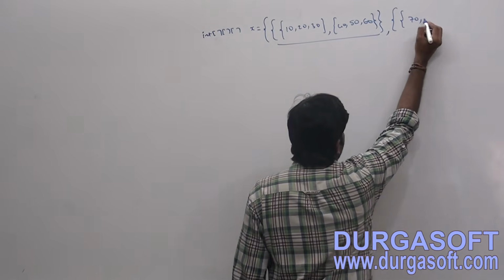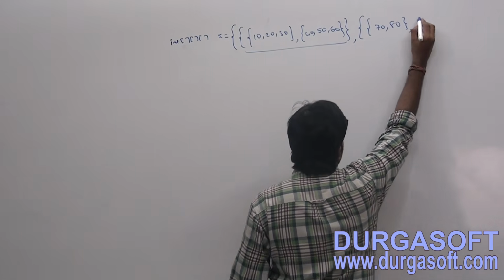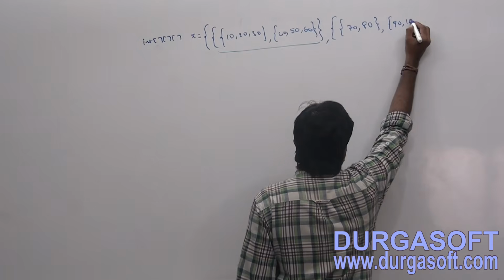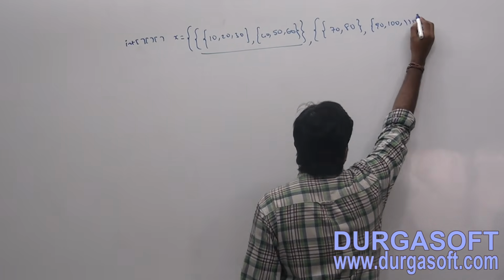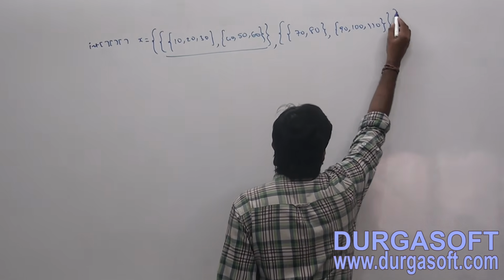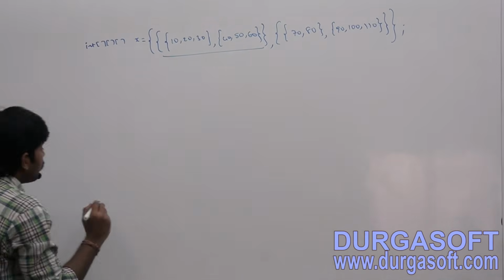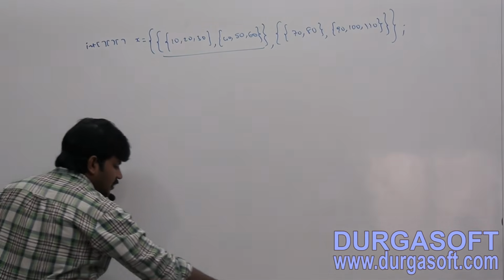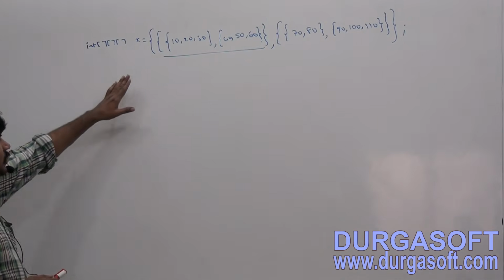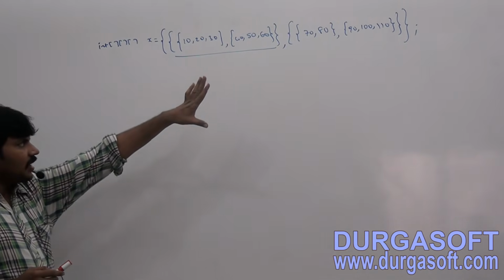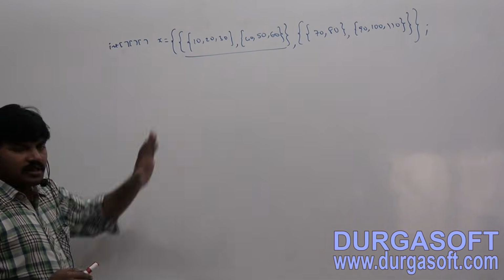Then 70, 80, 90, 100, 110. Now my target is, just observe, 10, 20, 30, 70, 80, like this is my 3-dimensional array.